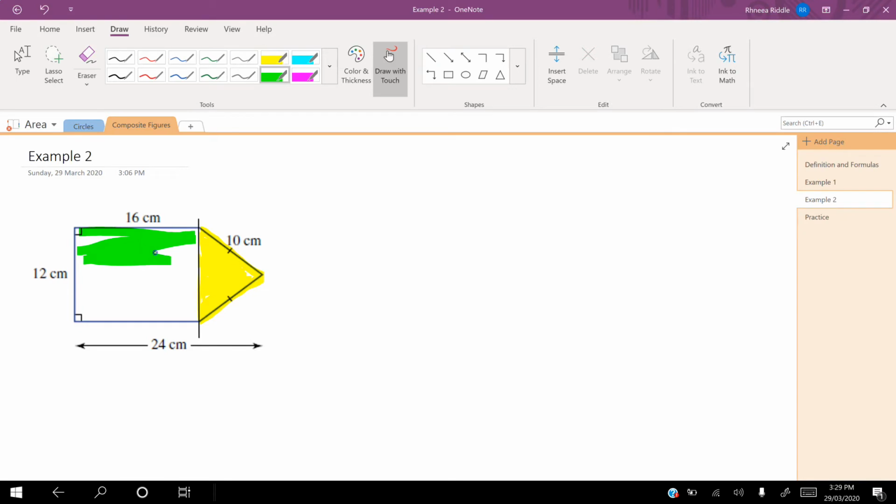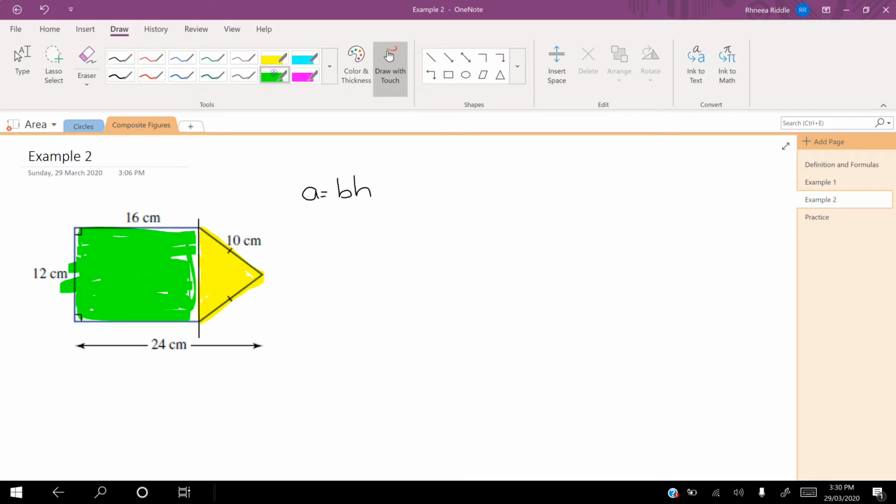So now in this shape, we are going to be using the area of a rectangle and the area of a triangle and combine those 2 areas to find the entire area of the composite shape. So again, like before, we're going to start with the rectangle because that's usually the easiest. So A equals base times height.